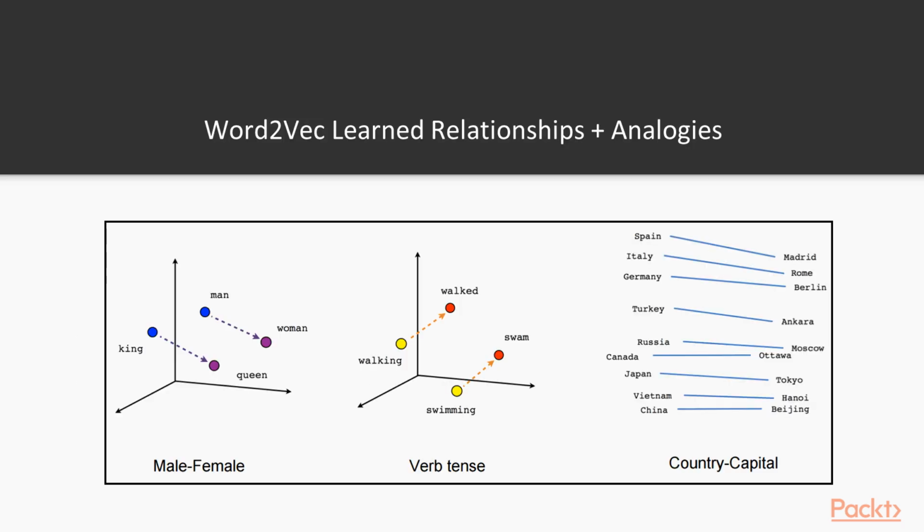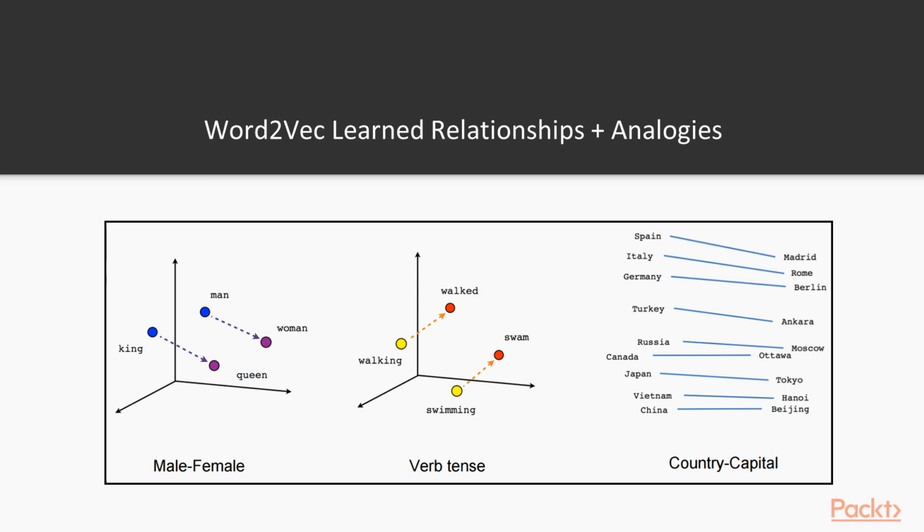And a great property of this is that when you force certain words that are similar to be close to each other, there are a lot of latent properties among these variables, such that a lot of times there are analogies and relationships among them. So the vector between something like king and queen is similar to the vector between man and woman in a Word2Vec sense.